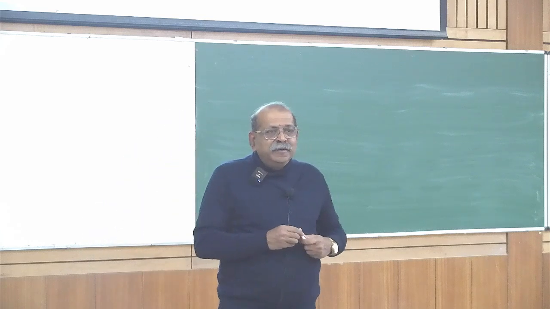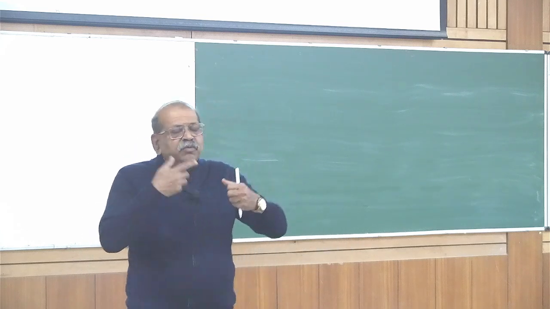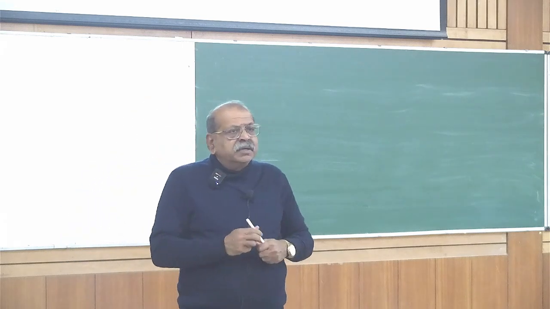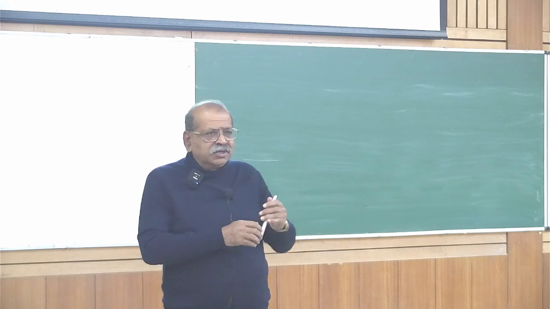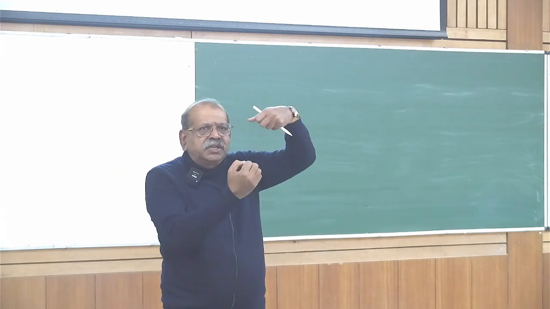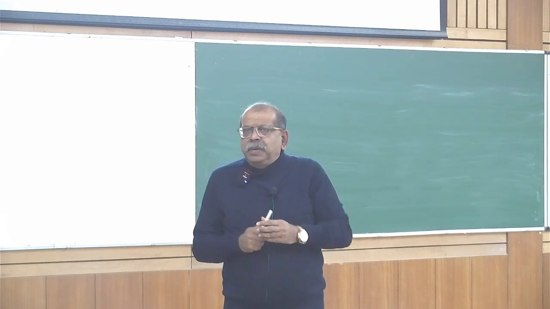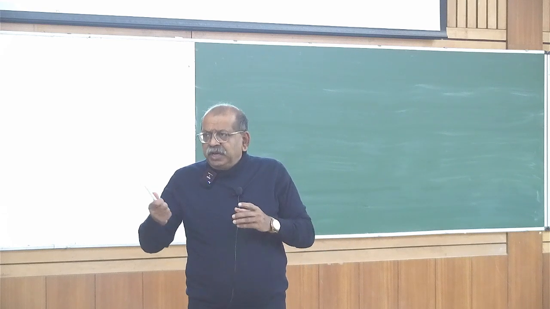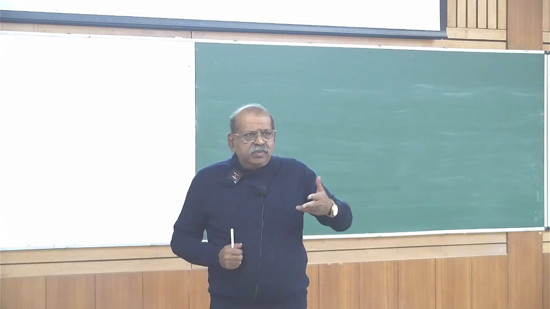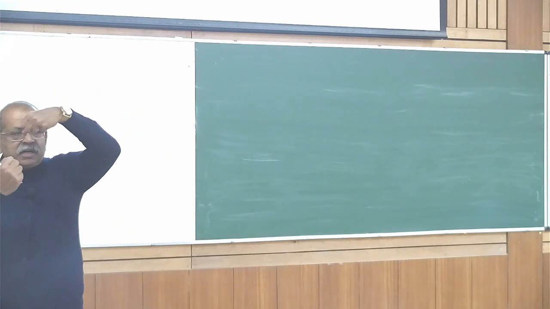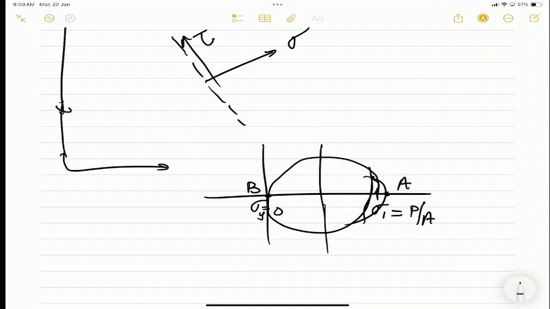In fact, we saw the other thing for the brittle material when I broke the chalk. But now, some of you have seen this test. Do people also do the material science course? You are doing it. So, you will see this experiment, where you put a ductile material under tension.